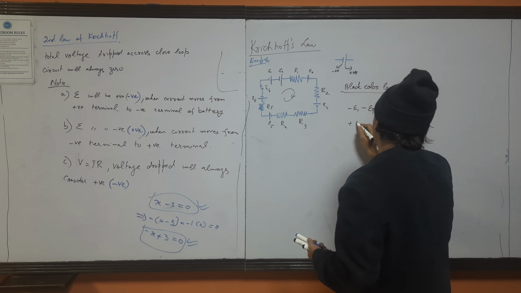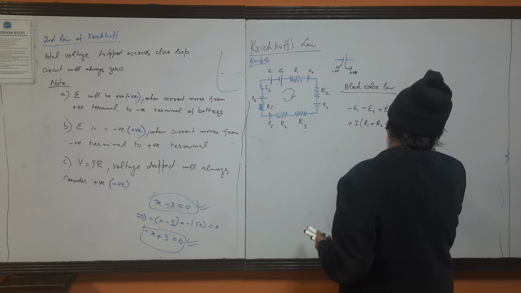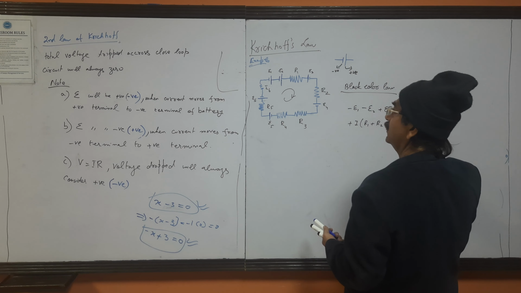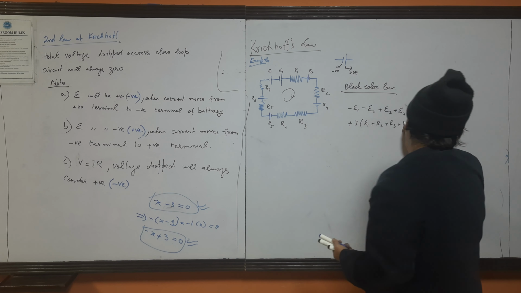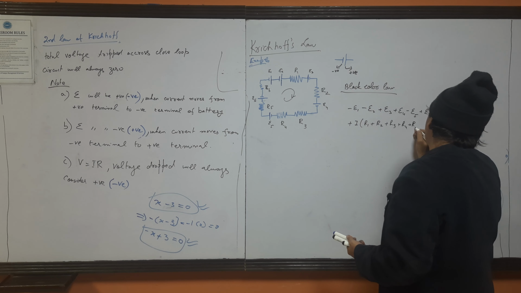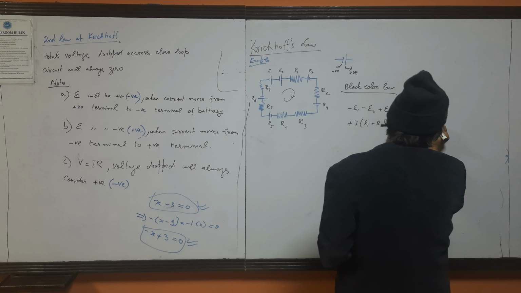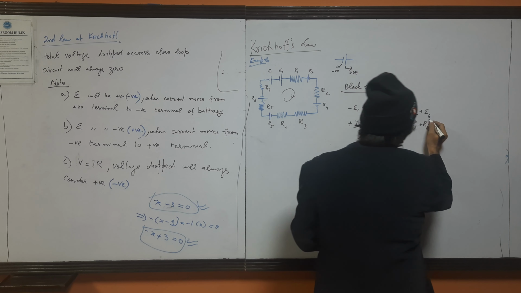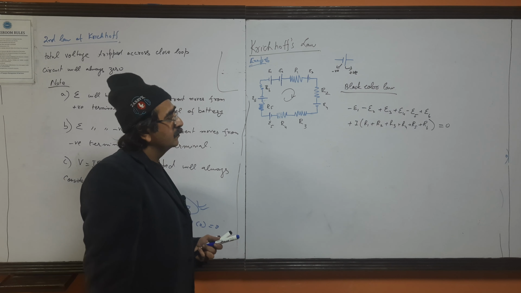Current is the same, so we may take the current common. R1 plus R2 plus R3 plus R4, R5, R6, and that will be 0.